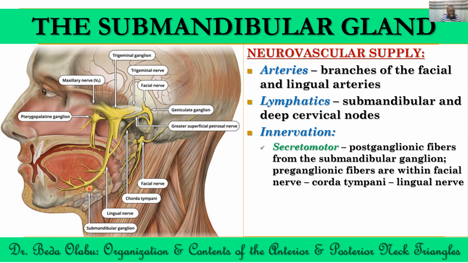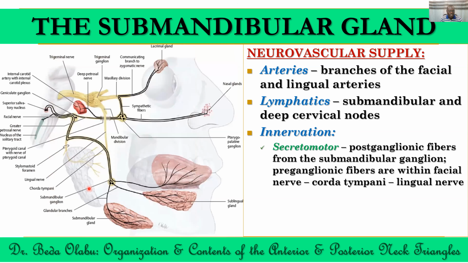Then postganglionic parasympathetic fibers come from here to supply both the submandibular gland as well as the sublingual gland and even the intrinsic salivary glands in the tongue. That is basically the route of secretomotor innervation to the submandibular gland.